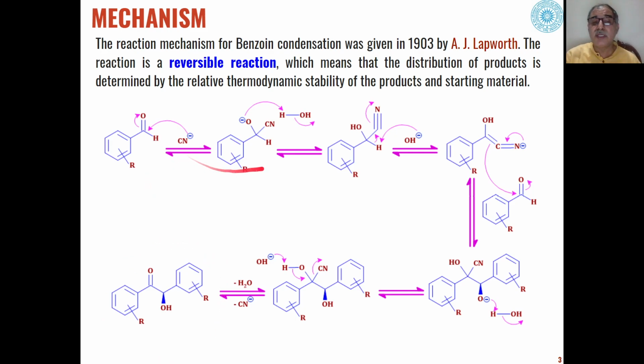And you can see all the steps in this reaction are reversible steps. So benzoin condensation is a reversible condensation where the product formation will be determined by the thermodynamic stability of the products.